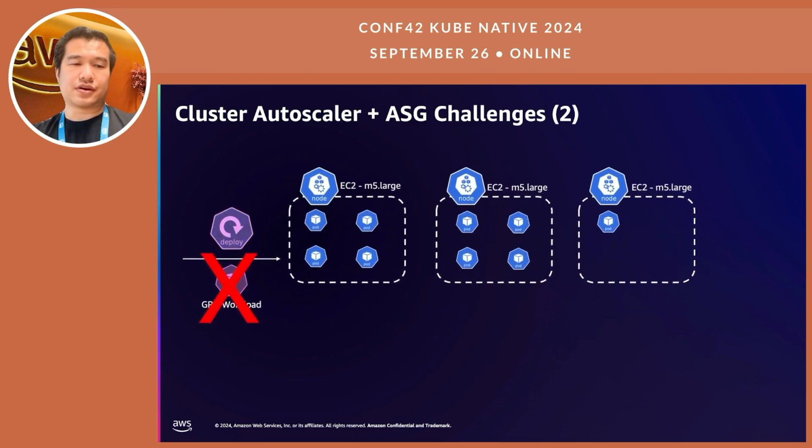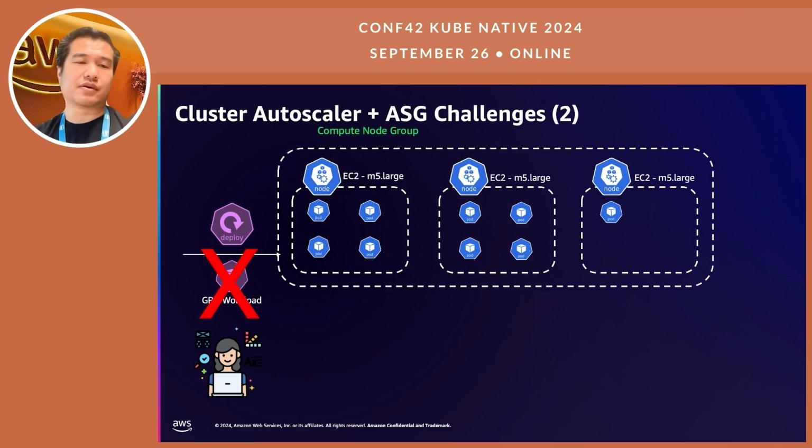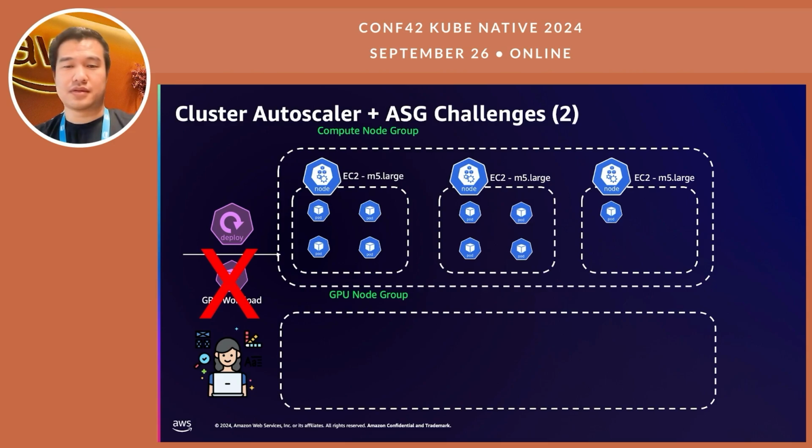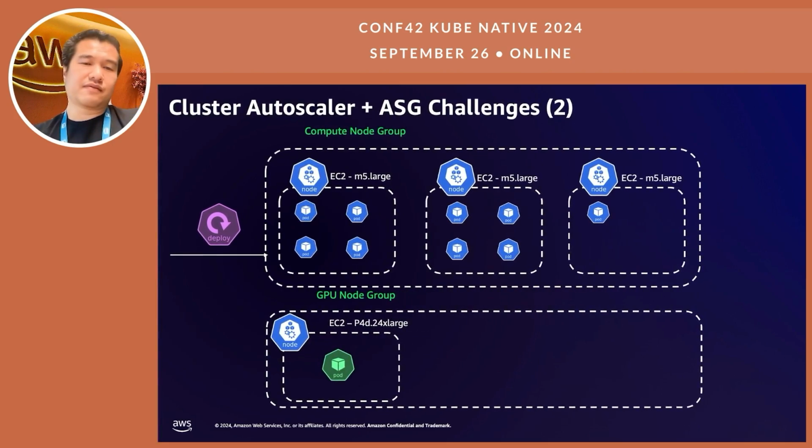So the platform team needs to create a new node group: the first one is for the compute node group, and another one is for the GPU node group. After that, the autoscaling group can spin up a new type of instance to support the deployment which would like to use the GPU. Now it's done. So we have 3 main challenges here, and we would like to see how Karpenter can make this more efficient or better.